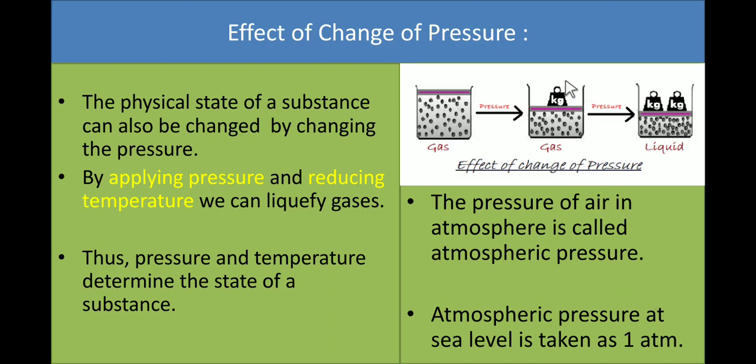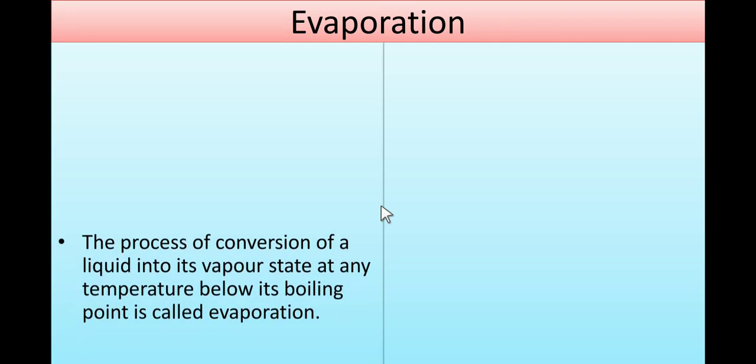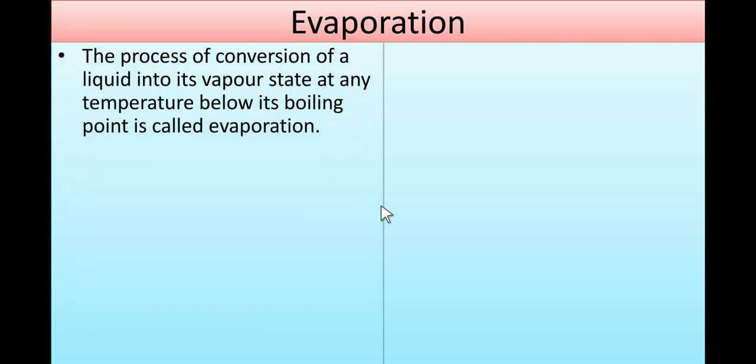So next we go to another term, evaporation. The process of conversion of a liquid into its vapor state at any temperature below its boiling point is called evaporation. We know particles of matter are always in a state of random motion.